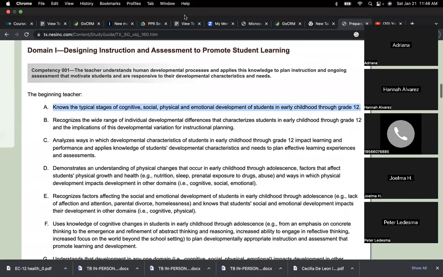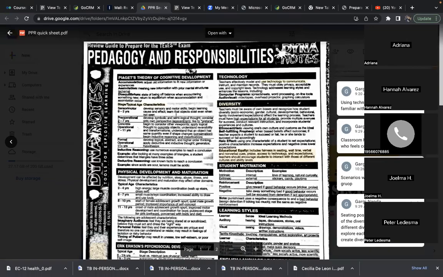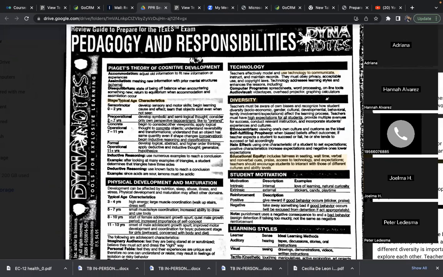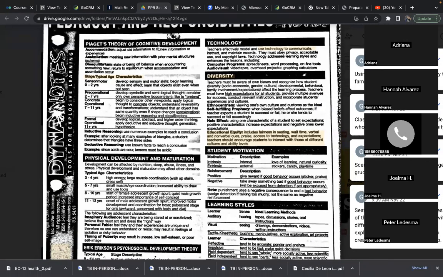And so another resource for you here, especially for this portion with standard 1, domain 1, Piaget's cognitive development. This is the theory that they are referring to that is up for grabs. Now, they're not going to ask you what is Piaget's cognitive theory of development for an 8-year-old?